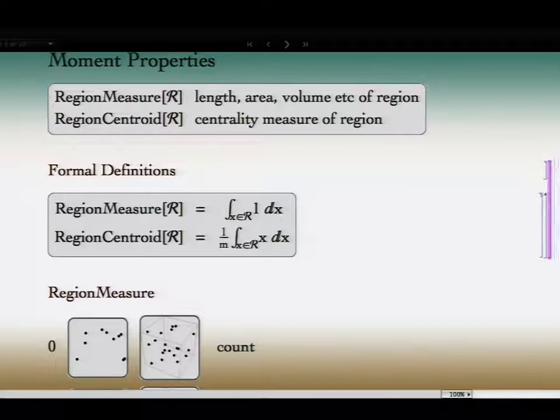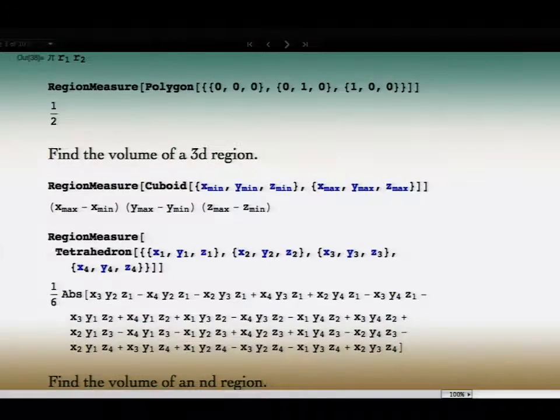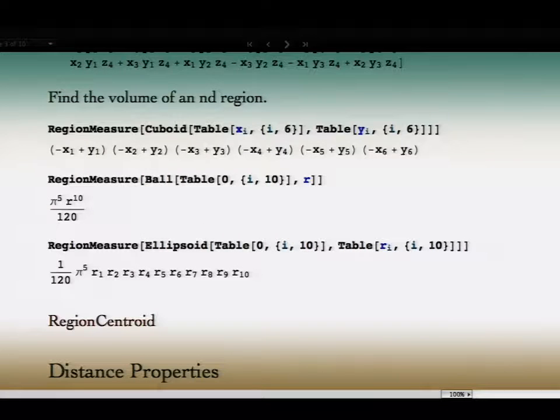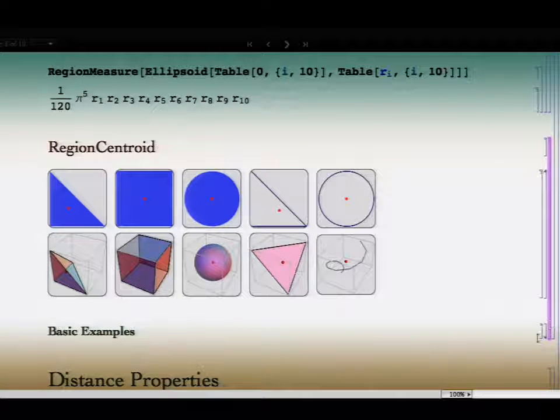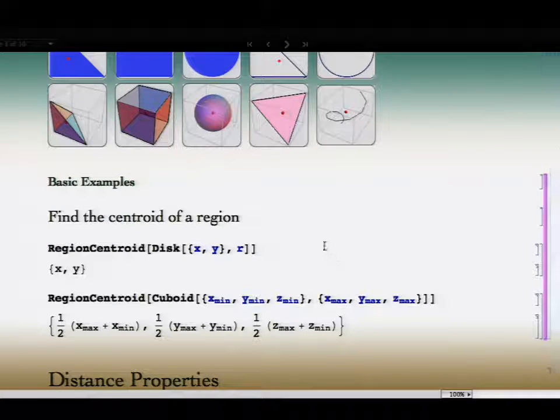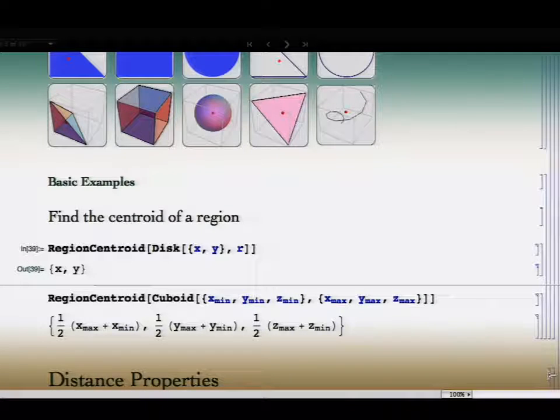So m is the measure. That gives us a sense of center, also known as center of gravity in mechanics, or center of mass. And the next one up, if you want a quadratic moment, that would be inertia. So here is, for instance, what we would expect for some of these simple regions.